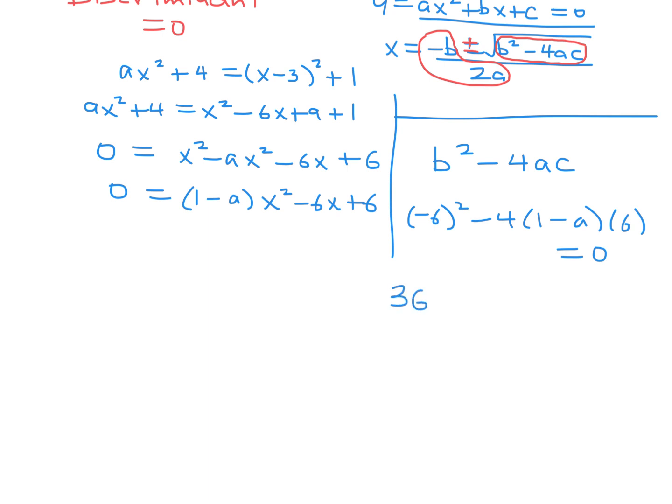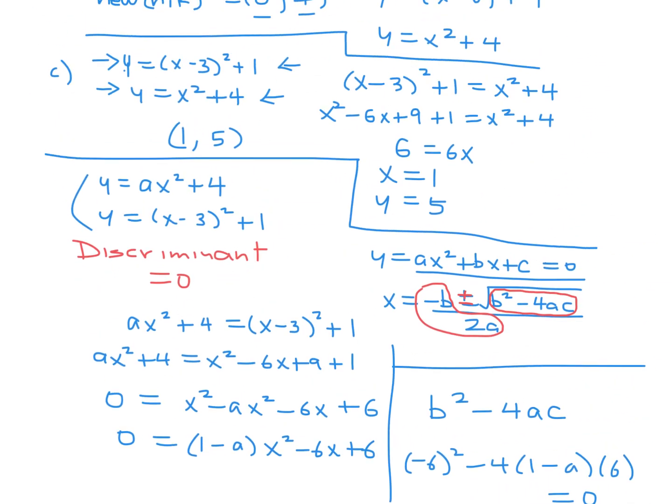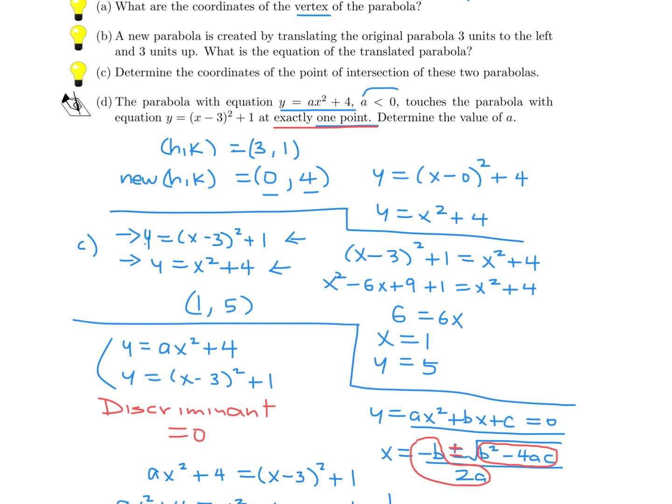So this is 36 minus 24 plus 24a, I believe. So this gives me 24a is equal to minus 12. So a is equal to minus 12 over 24, and that is negative a half. And I think that is consistent with what they said, which was a is less than 0. Great.